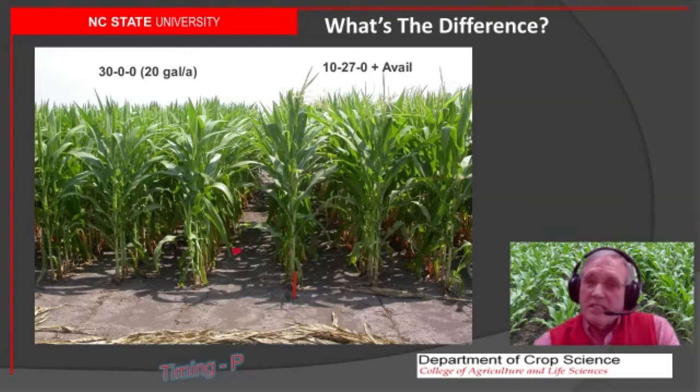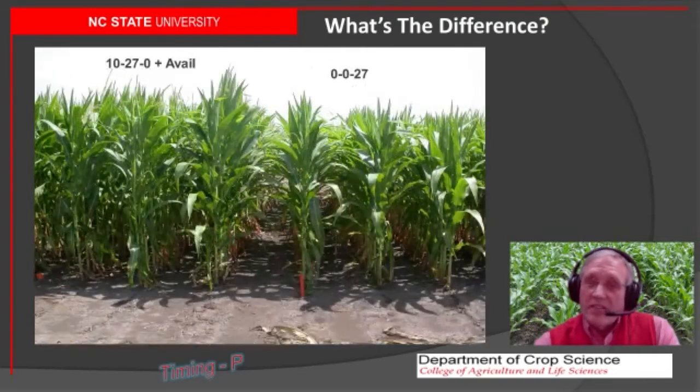Now the two sizes are not terribly different than we saw before, so certainly nitrogen is having some effect, but you can see the development effect is from that phosphorus, and the size is greater with the phosphorus. If I look at the other end of the spectrum, I use that same 10-20-7-0 plus the Avail versus a 0-0-27 material.